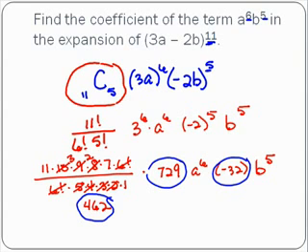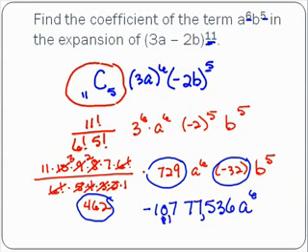Once again, might be a good idea to double check. Whoops, put that in the wrong place. I'm getting negative 10,777,536, a to the 6th, b to the 5th.